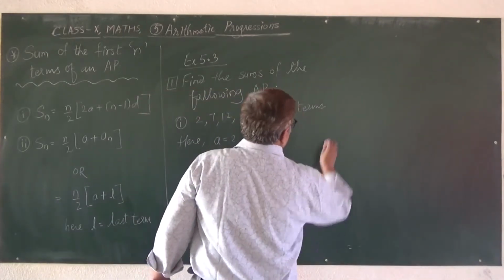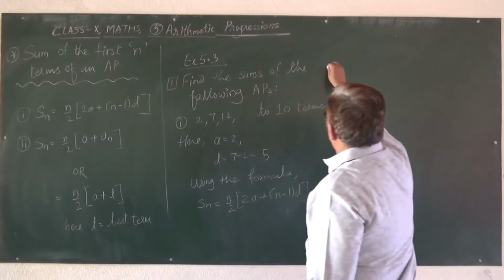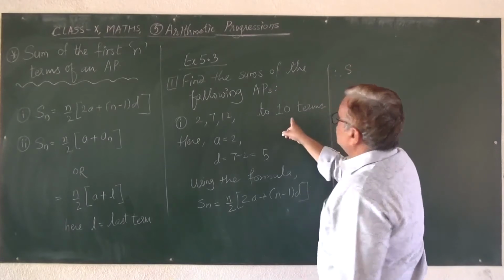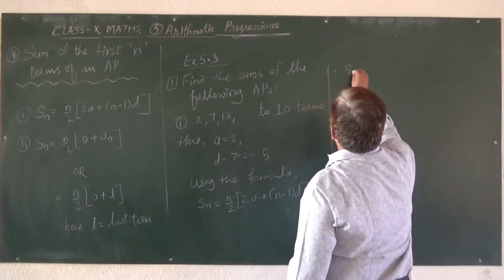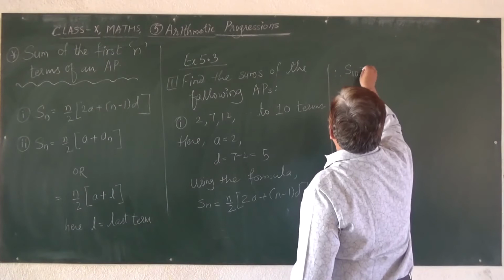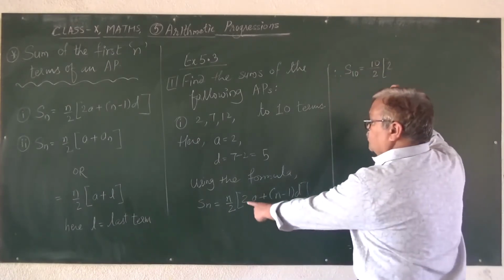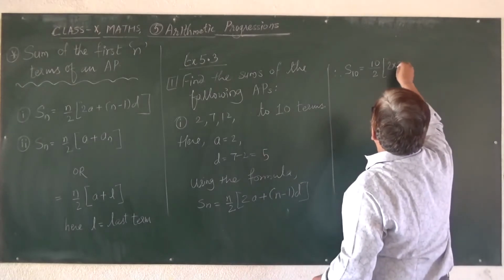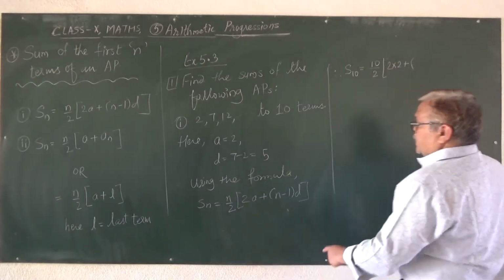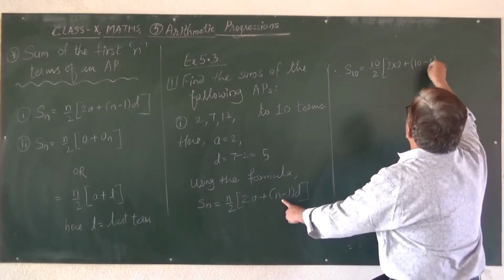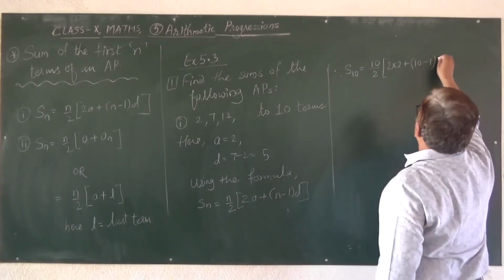Just substitute the values and you will get it. Therefore, the sum up to 10 terms, n is 10 here, so S10 is 10 by 2 into 2a, value of a is 2, so 2 multiplied by 2, plus 10 minus 1 into d, d is 5.